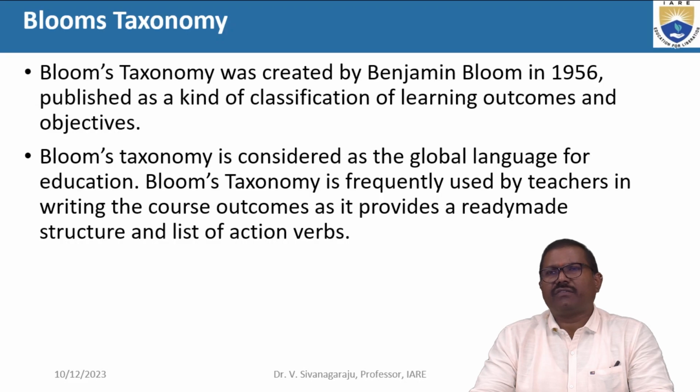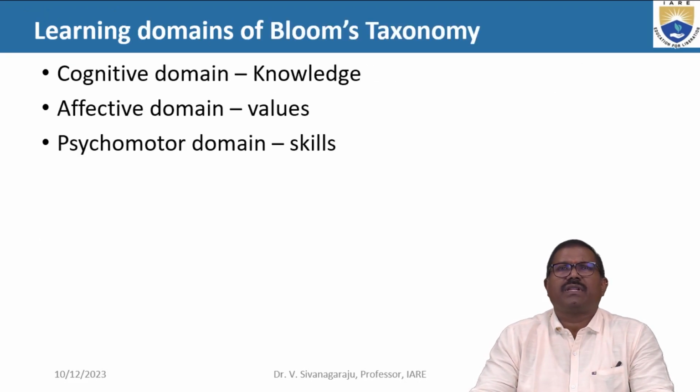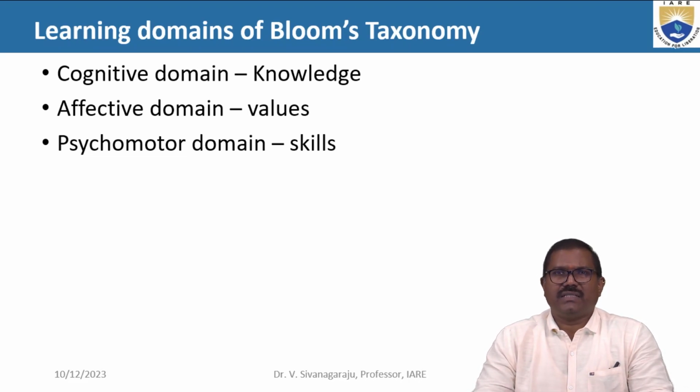It is frequently used in writing course outcomes as it provides a ready-made structure and list of action verbs. What are the learning domains of Bloom's taxonomy? Cognitive domain, knowledge; affective domain, values; psychomotor domain, skills.